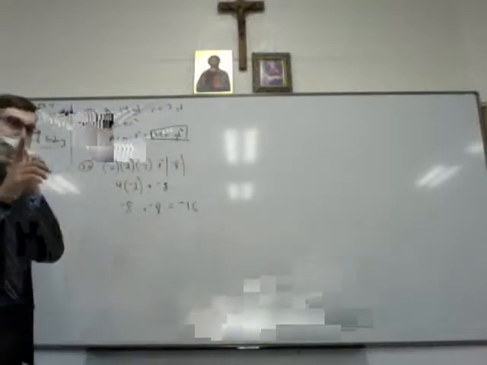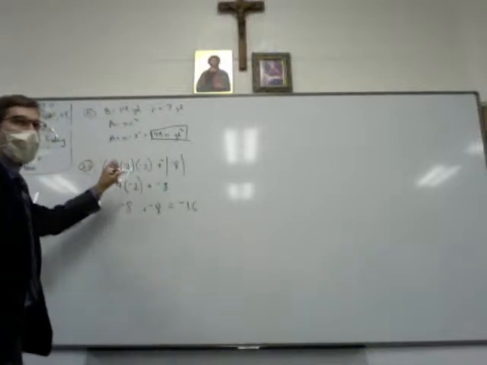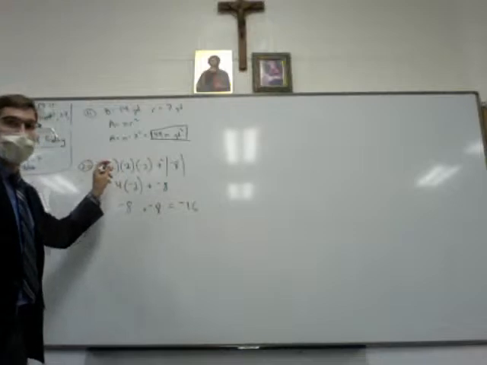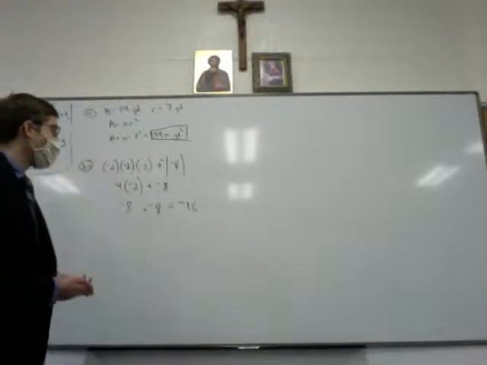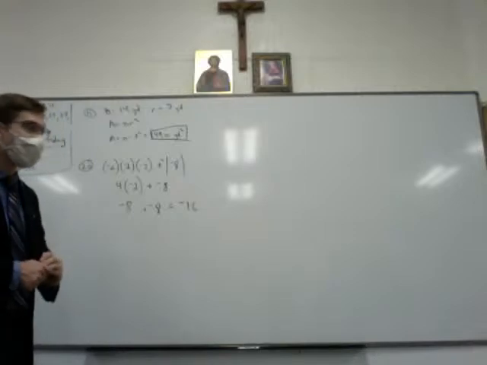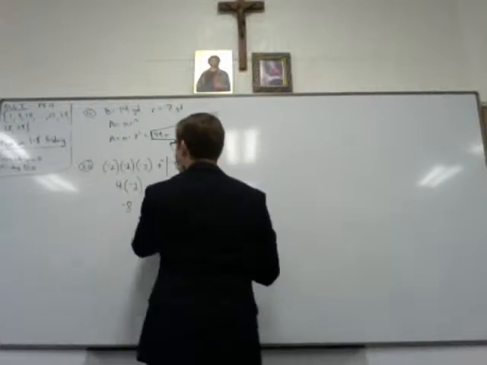Notice what you did correctly here is that you multiplied these together first before you did that addition, following our order of operations. Actually, technically, following our order of operations, we do parentheses first. Remember that the pipes count as parentheses.